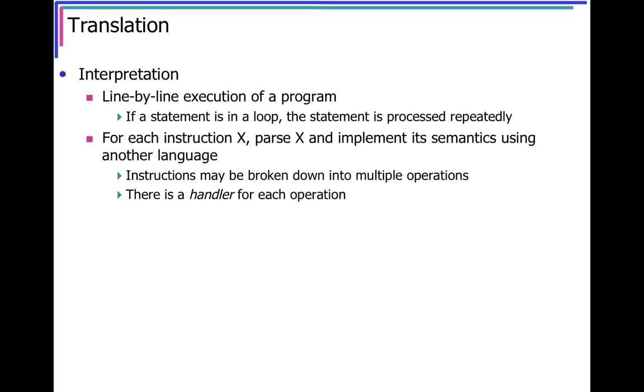This is where every single bytecode instruction in the program, as it is executed, is decoded, parsed really, to figure out what its opcode is and what its operands are. And then that instruction operation is implemented in another language.